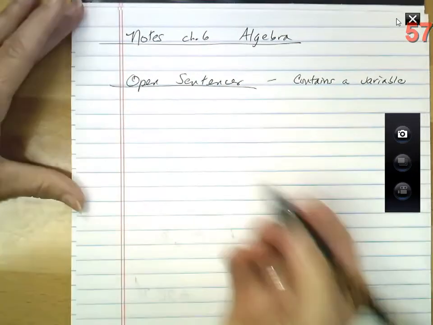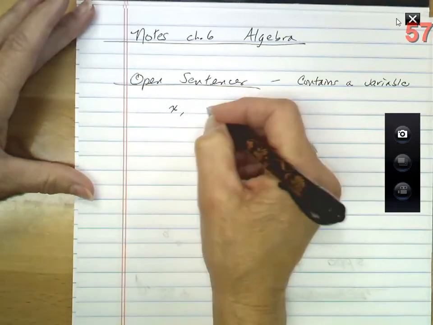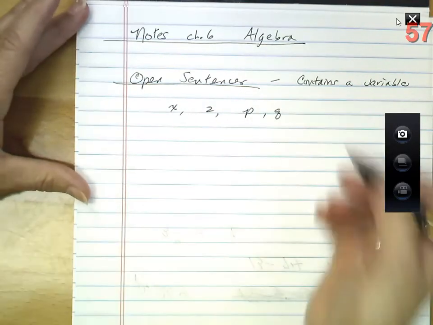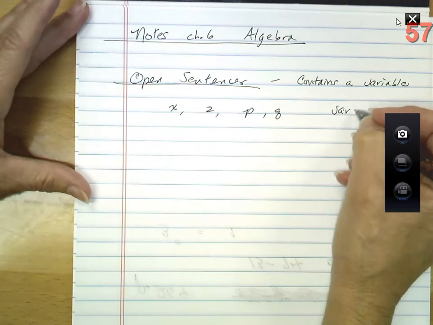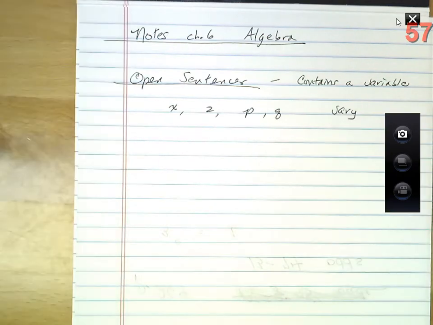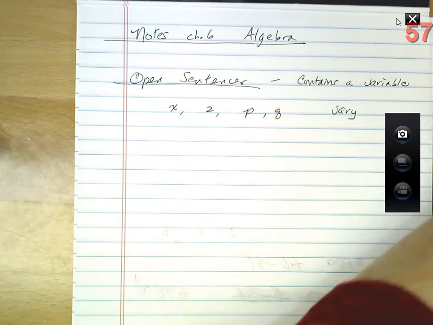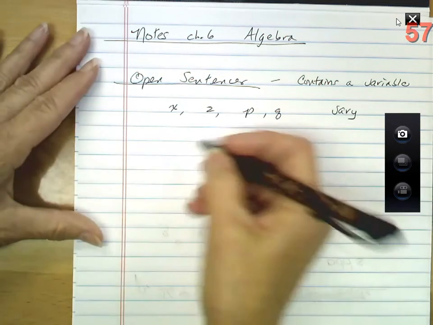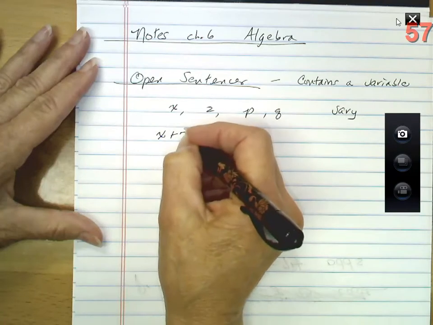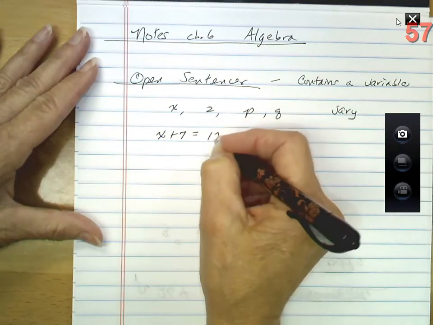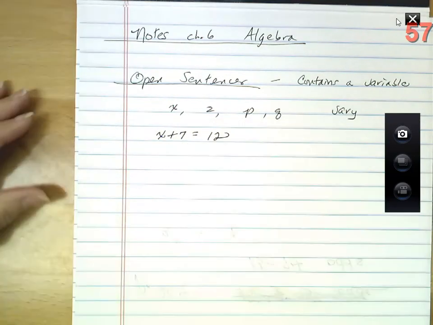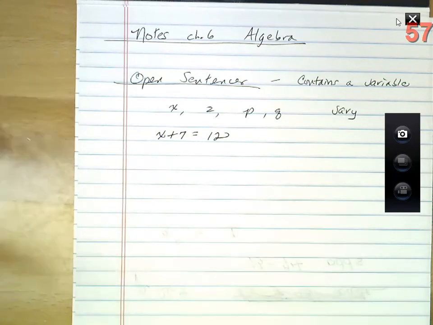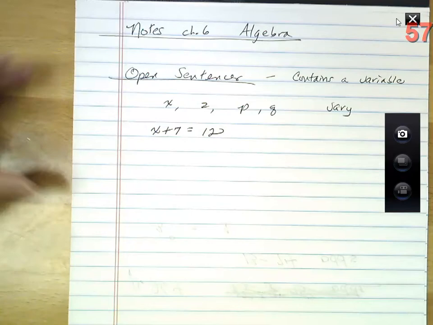A variable is something like an X or a Z or a P or Q, and they can vary as to what they equal. So if we have something like X plus 7 equals 12, that is an open sentence. It has a variable in it and it makes a complete thought or a sentence.